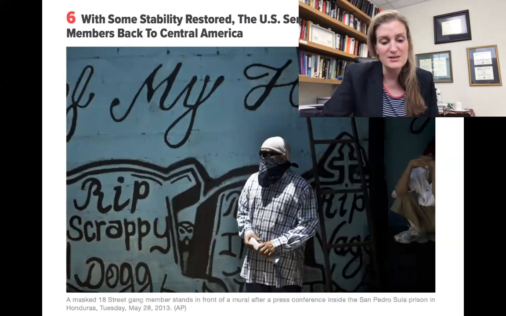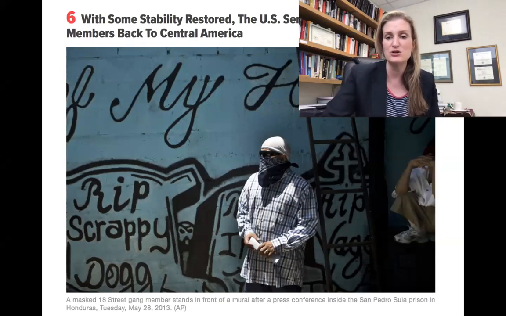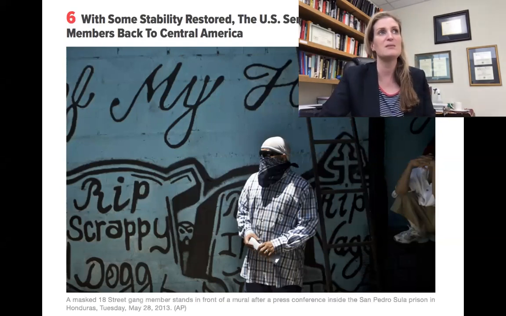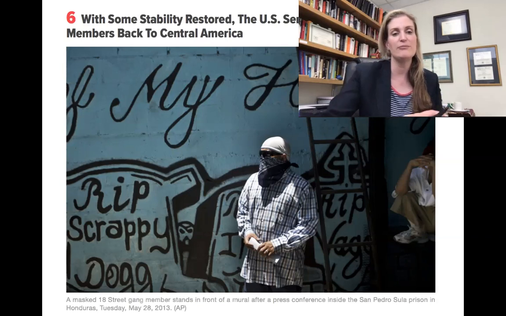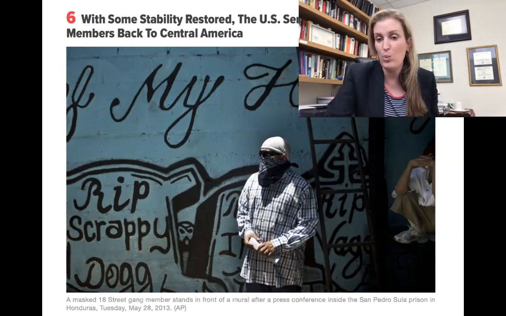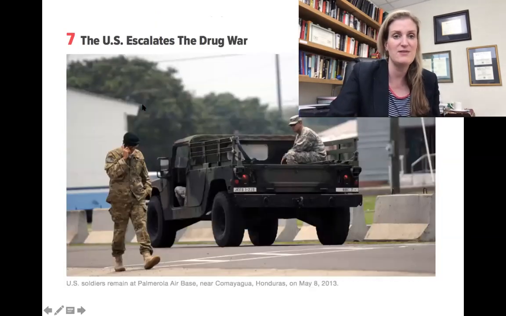And then especially following the 1996 policy of expedited removal and the Illegal Immigrant Reform Act, many of those gang members were deported back to Central America, even though they hadn't been there in many, many years, and they were sent back without any records. So police forces in that region didn't know what type of people they were receiving.